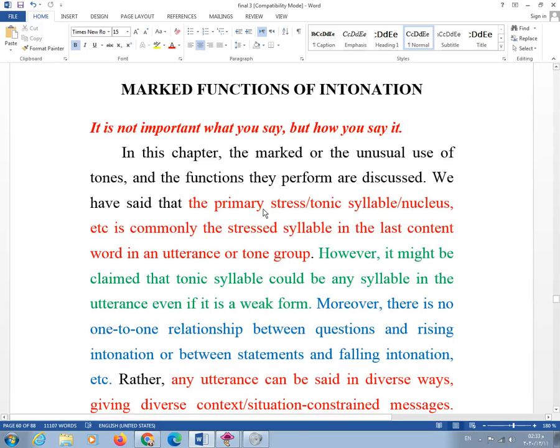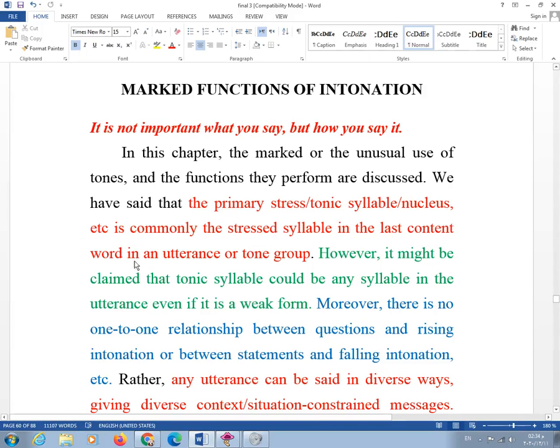We said before, it's the stressed syllable within a focused word in an utterance or in a chunk or a tone unit or a tone group, etc. So we're gonna have lots of terms, but they are referring to one thing: tone unit, tone group, tone chunk, etc. So here, let's focus on the tonic syllable, pick this term, and say that it's commonly the stressed syllable in the last content word in an utterance or a tone group.